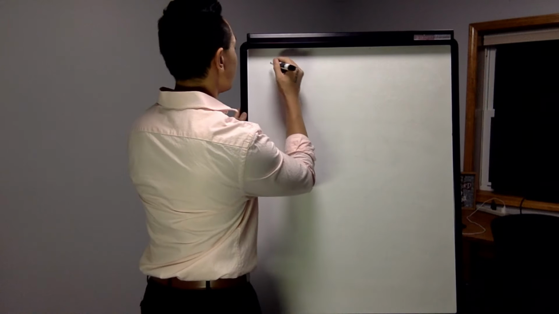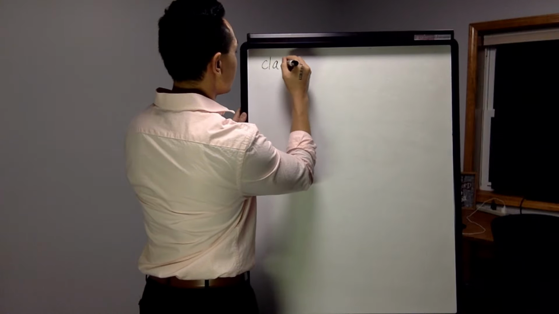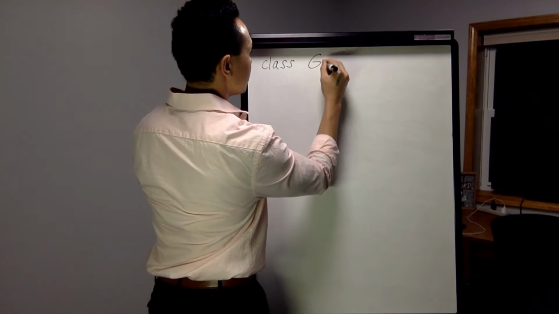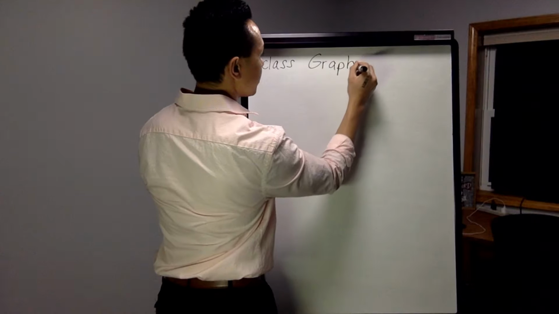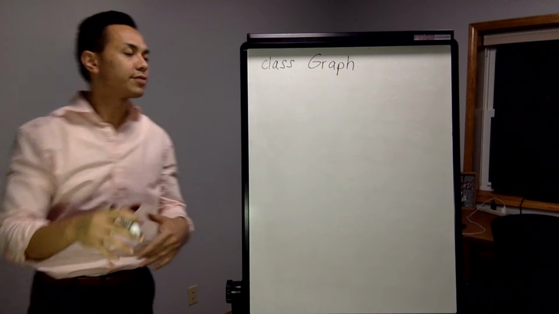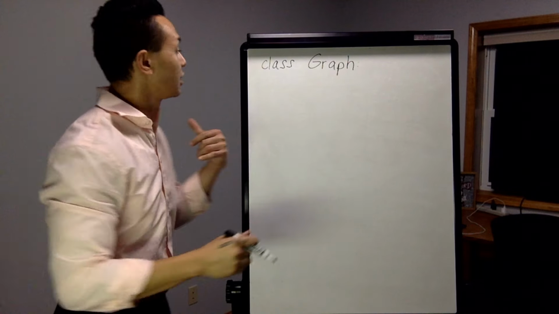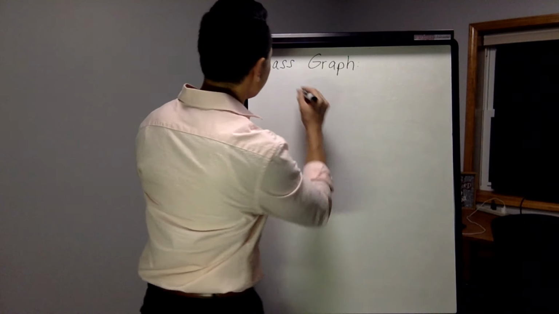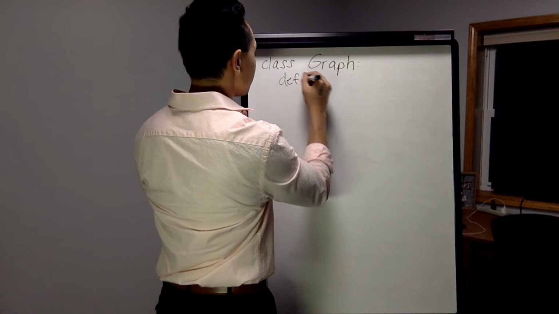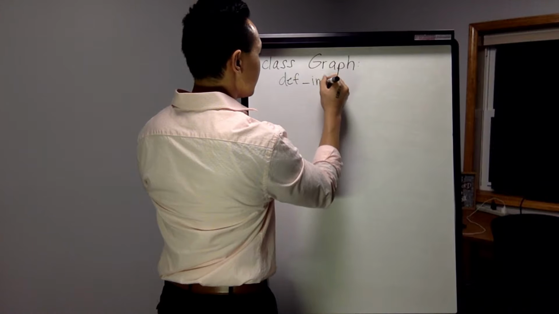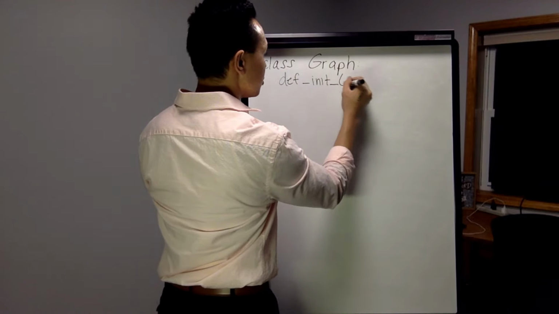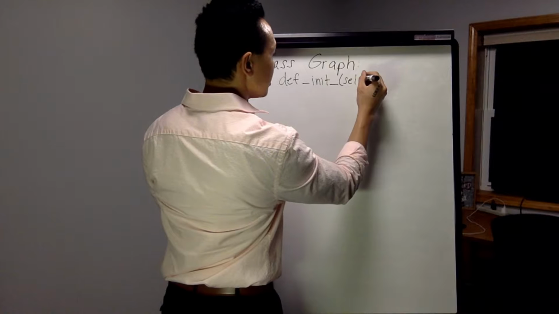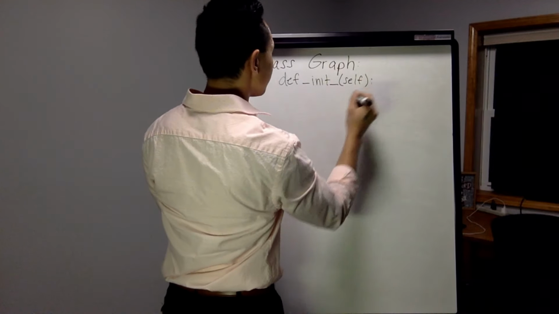So let's start with class Graph. Okay, so what do you think the first method on the graph class is? You guessed it, it's the init. So we're going to start with init, and that's used to initialize an instance of the graph.